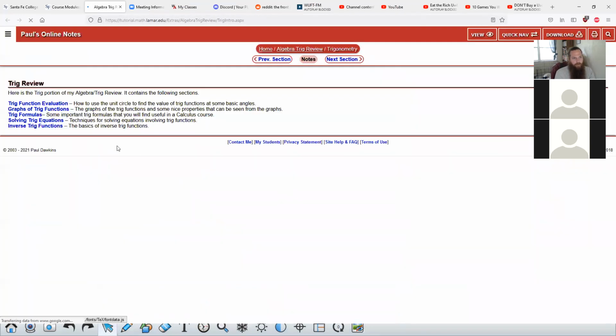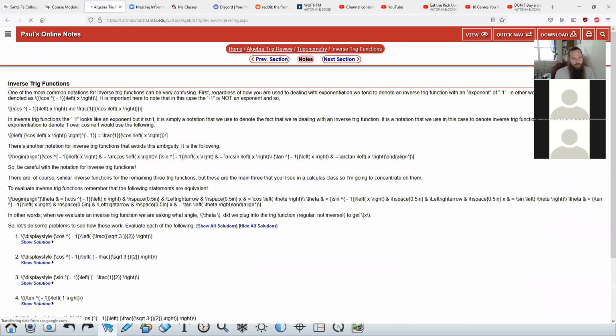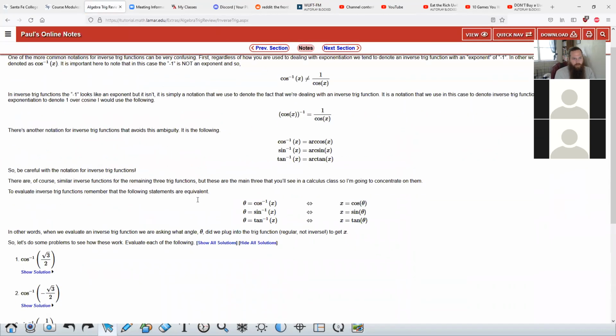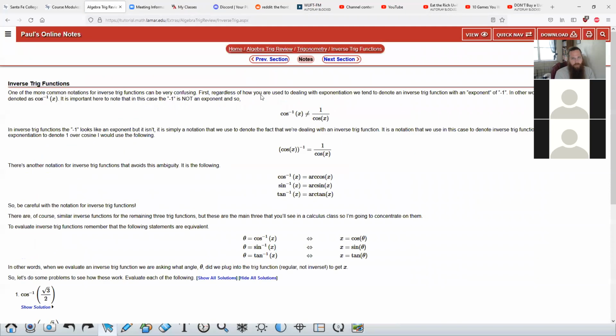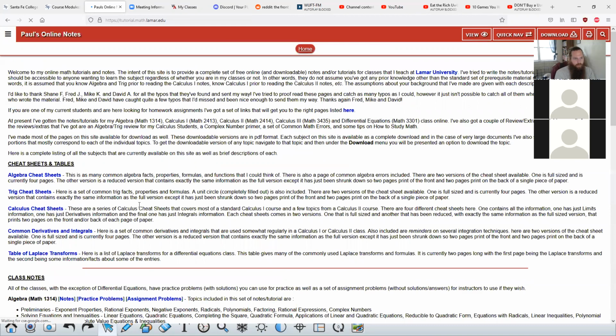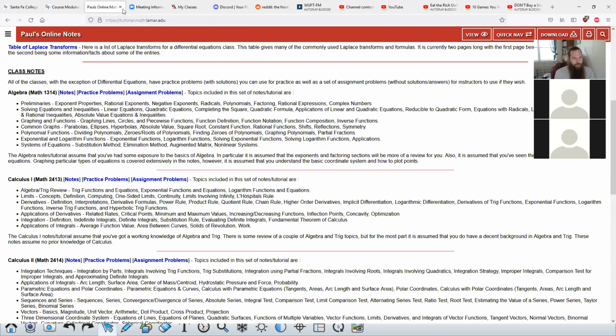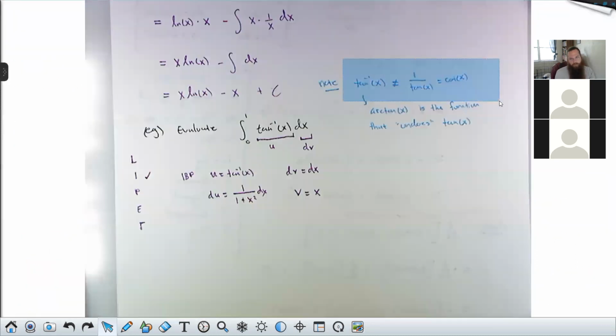Specifically, you want to pay attention to the inverse trig. Got to make sure you remember what these things are and also how to take their derivatives. If you look elsewhere in here, you will find derivatives of inverse trig functions. So I won't take the time to go through that right now, but you got to make sure you remember just the basics, right? And the Calc 1.